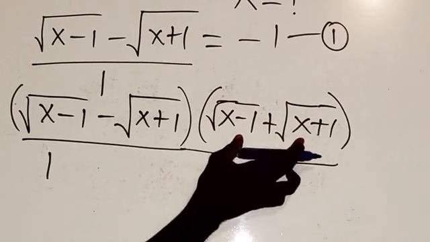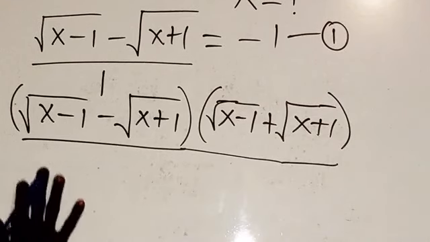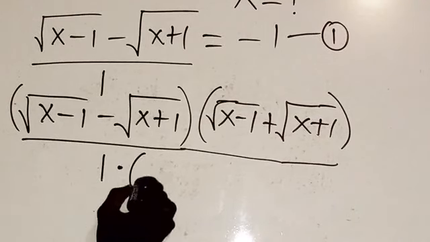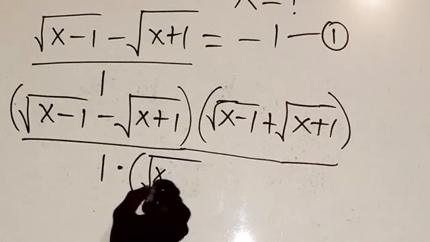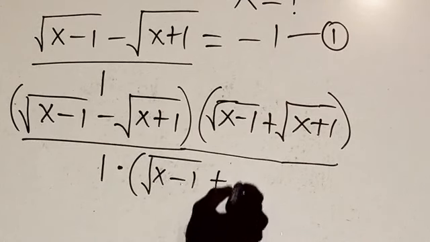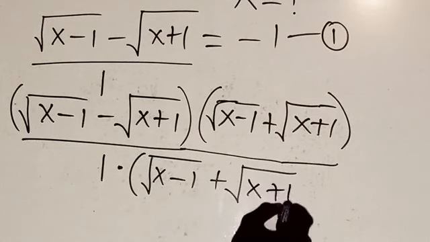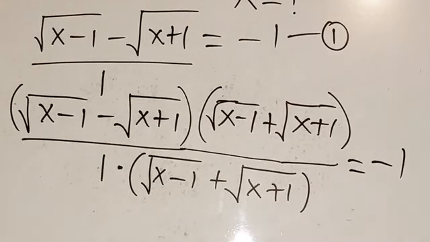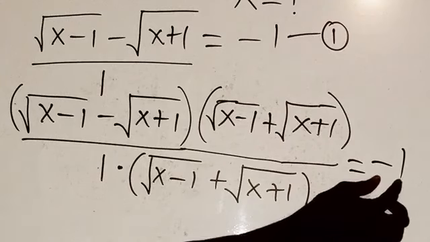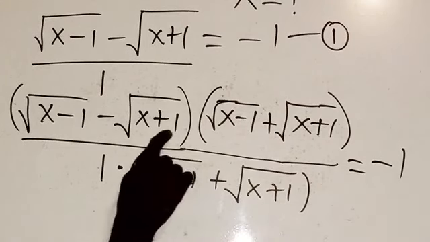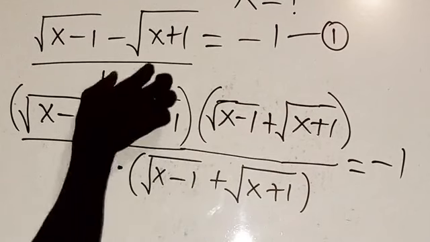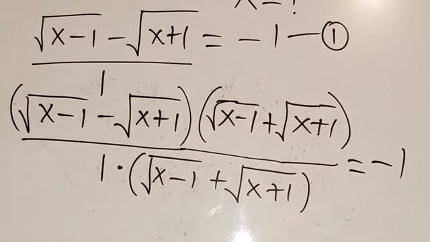The same thing, we multiply this by 1, so this is going to be 1 multiplying root x minus 1 plus root x plus 1. But don't forget that we have our minus 1 here. So this doesn't change anything, because we multiply both sides, so we can still divide and we are still going to get this. Therefore, it doesn't affect this side.